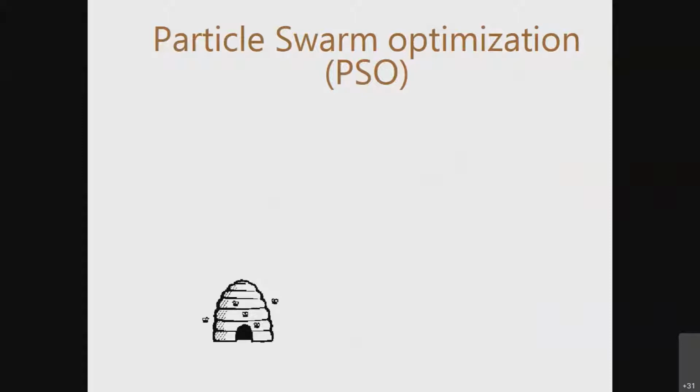what I have tried, particularly in the last 6 months, and the talk is a result of this, is to see some insights from both of these methods and try to connect them. As you will see, while modifying the existing particle swarm optimization method, I borrowed some ideas from neural networks, and then later I used this improved particle swarm optimization method to give back to neural networks.